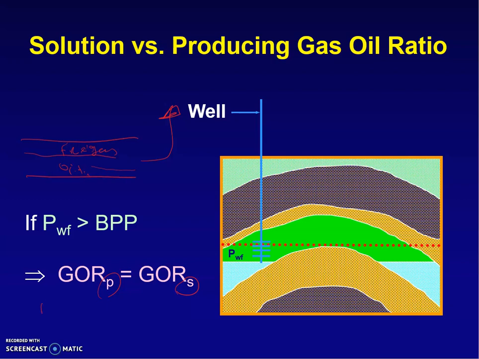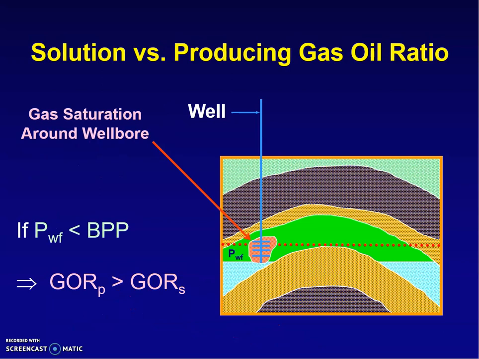So if your pressure at the bottom hole is less than bubble point pressure, PB, then in that case the producing GOR is higher than the solution GOR, and the reason is that you have some solution gas and some free gas also being produced.